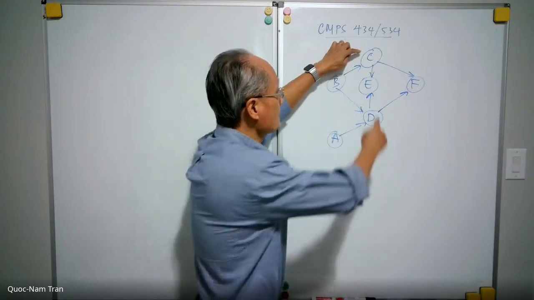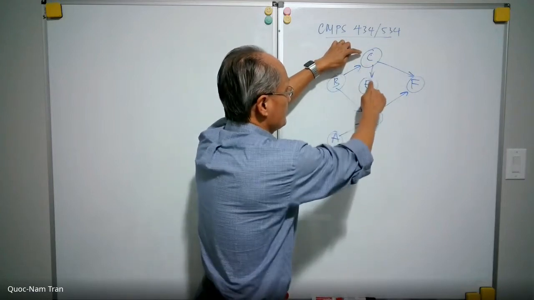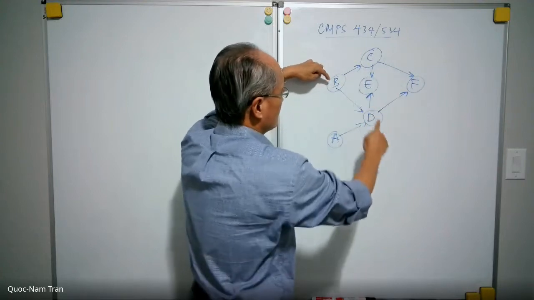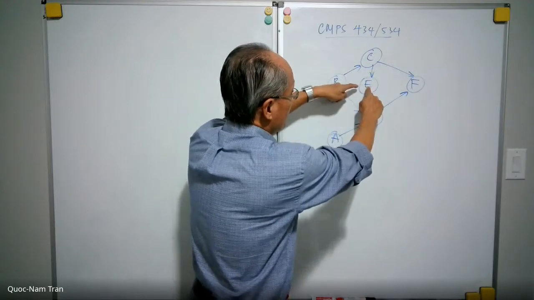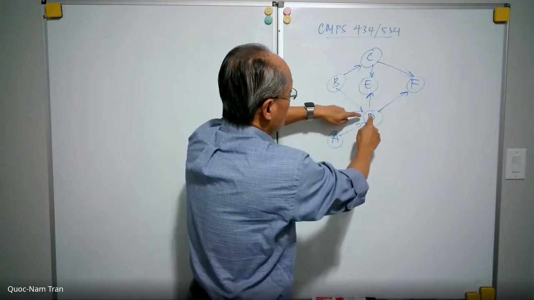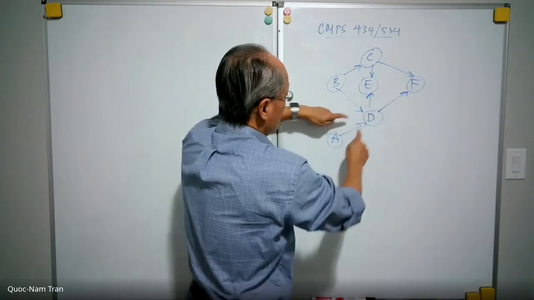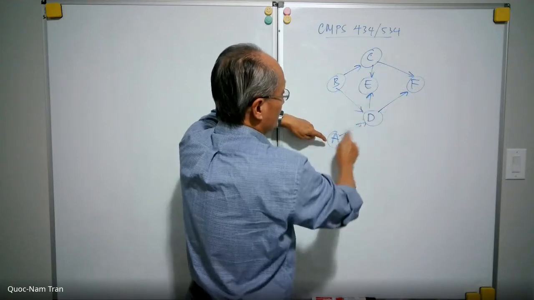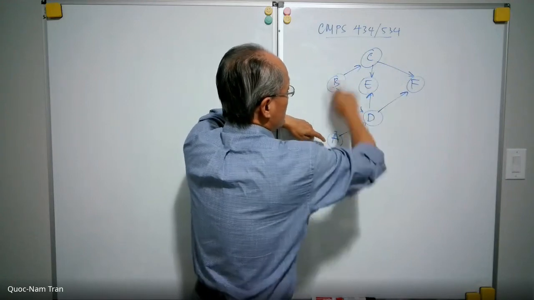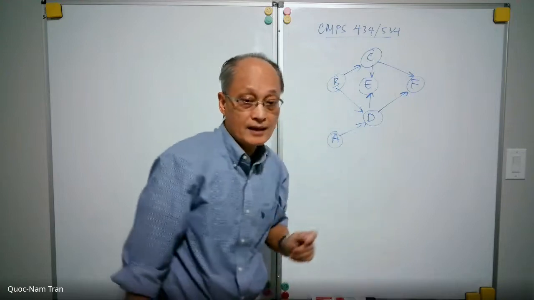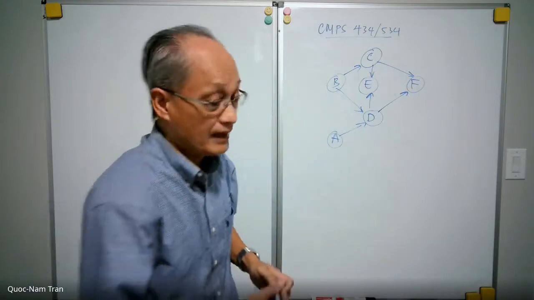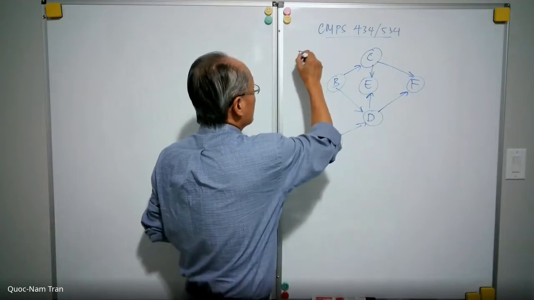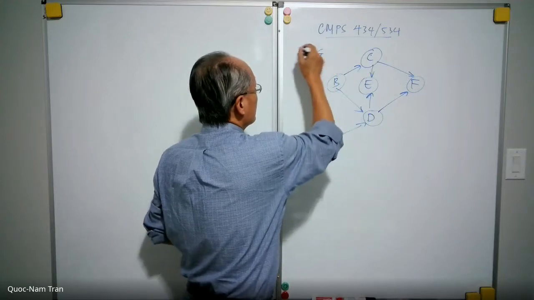So in this case, from C you don't have it, from B you don't have it, okay? From E, same thing. F, same thing. D, same thing. A, you don't have it, right? Okay, so it means that this one is a DAG, a directed acyclic graph.